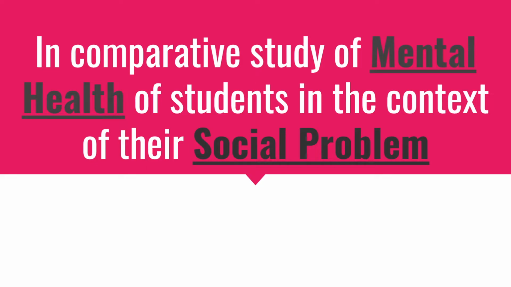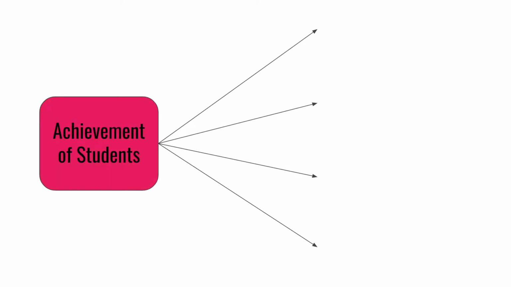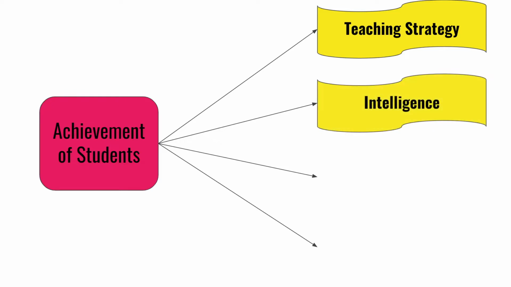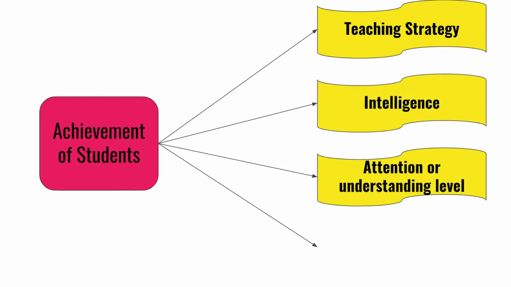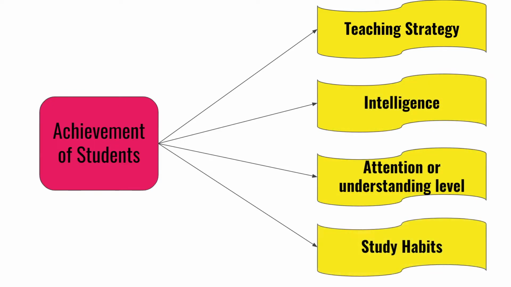In real life, we find that a trait is influenced by more than one factor. In such cases, there may be two or more variables that can change the value of the dependent variable. For example, students' achievement in any given subject may be affected by various factors such as teaching strategy, intelligence, attention or understanding level, study habits.